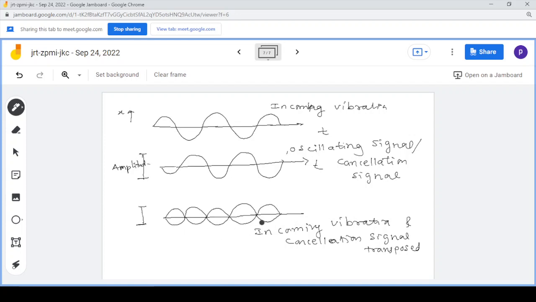So the total vibration which is experienced by the system is getting neutralized. So what is the net effect? We can see that this is a zero net effect, on a time scale.